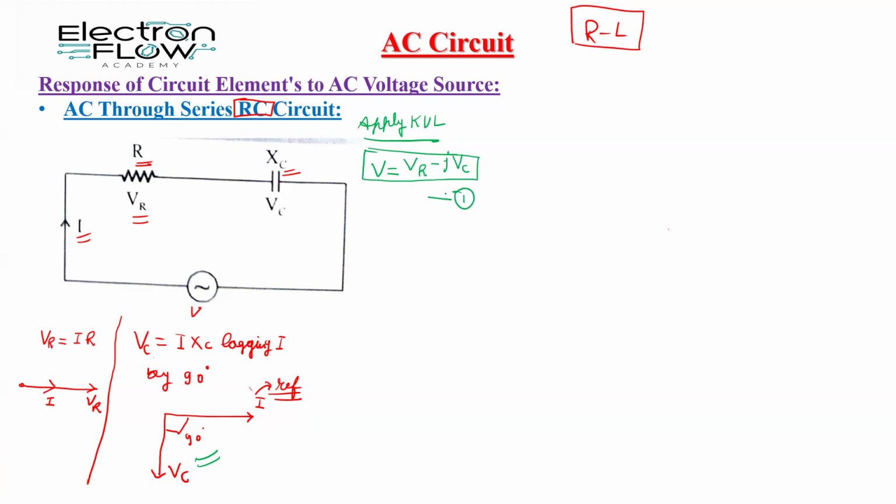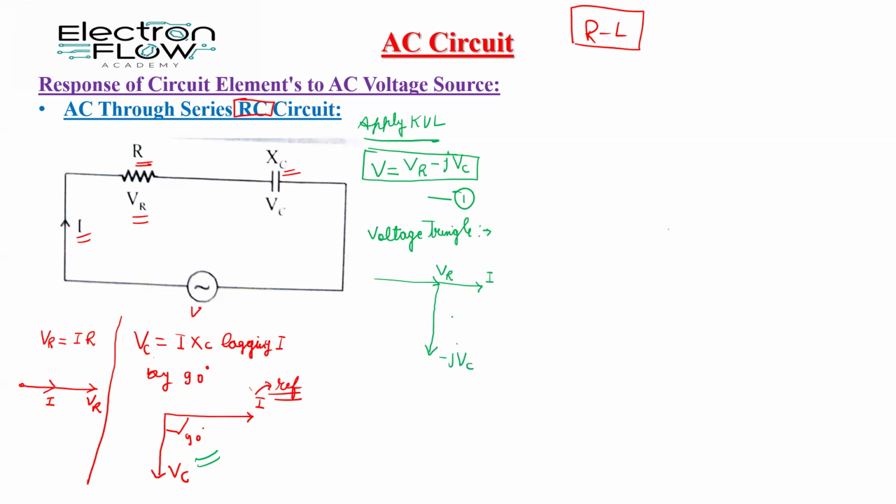The phasor diagram of this equation gives the voltage triangle. The voltage triangle will look like this. This is our reference current I, and this is our VR. From the VR, 90 degrees apart, is situated the minus j VC.